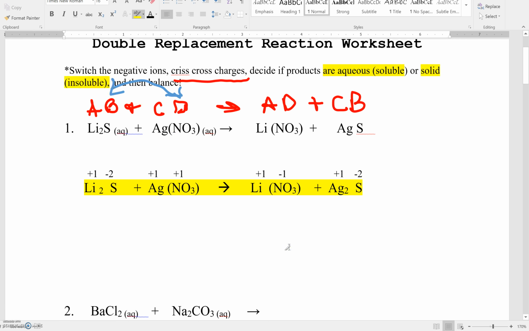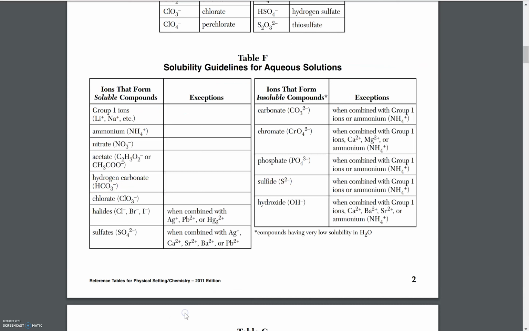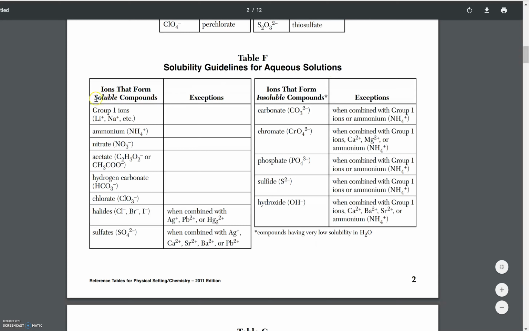Well, your favorite reference table is what's going to tell you. So if we go to reference table, table F like Frank, you can see the solubility guidelines for aqueous solutions. And this is all soluble or not soluble in water. So ions that form soluble compounds in water are any group 1 ion.